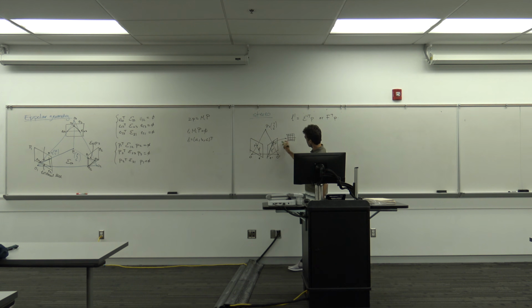And for every possible pixel, I'm going to obtain one of these. Let's call them Wi, for all Wi that are on L prime. Yes? OK.